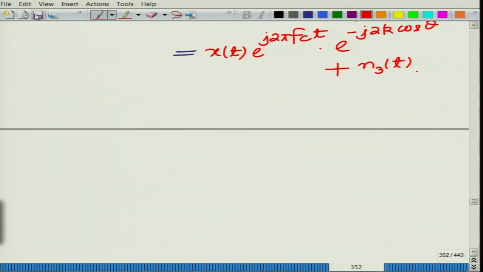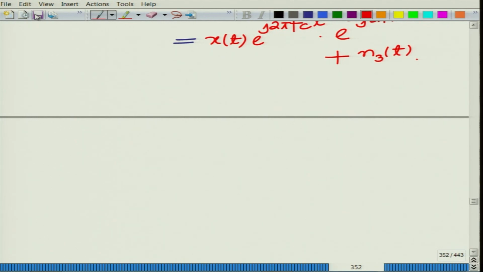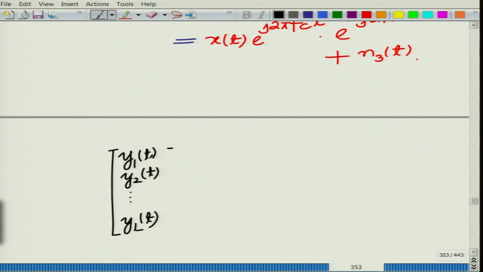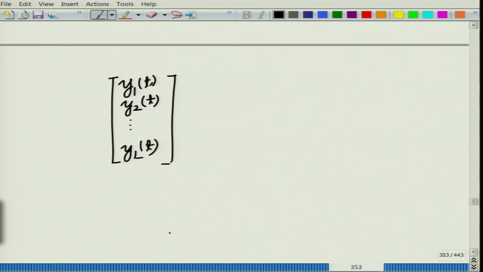And therefore, now one can summarize this model by writing y1(t), y2(t), and so on up to yL(t), that is the received vector. You can think of this as the output vector comprising the signals from the L antennas.